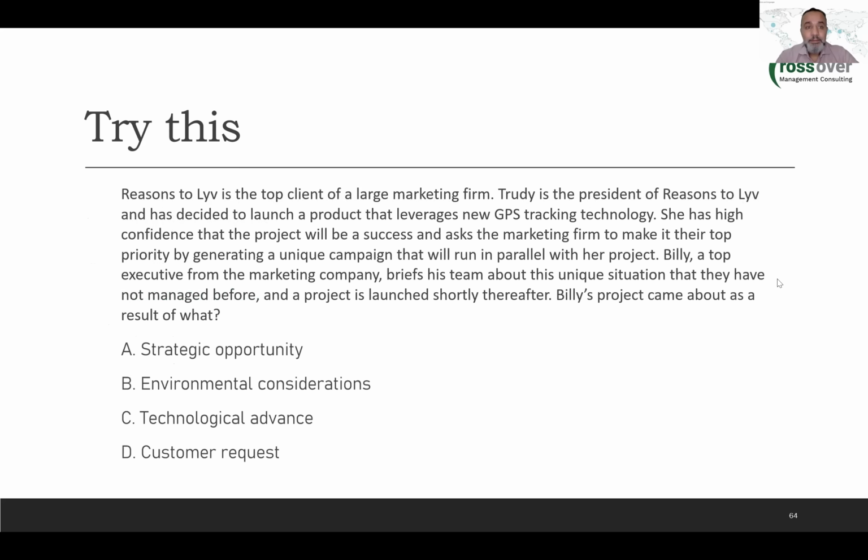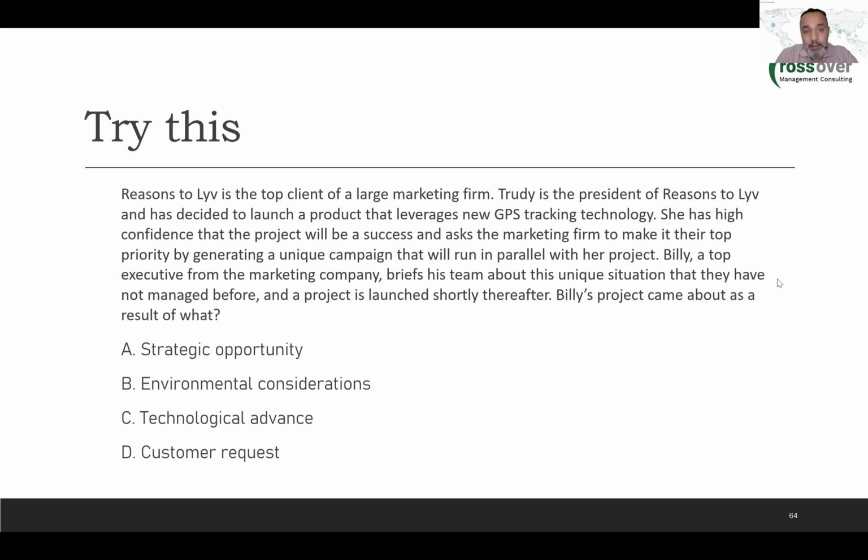Next question. Reasons to Live is the top client of a large marketing firm. Trudy is the president of Reasons to Live and has decided to launch a product that leverages new GPS tracking technology. She has high confidence that the project will be a success and asks the marketing firm to make it their top priority by generating a unique campaign that will run in parallel with the project.